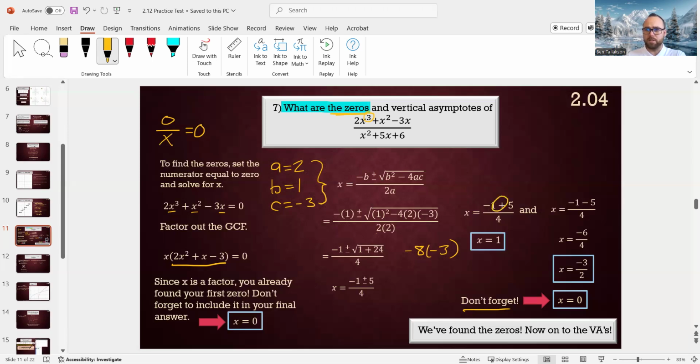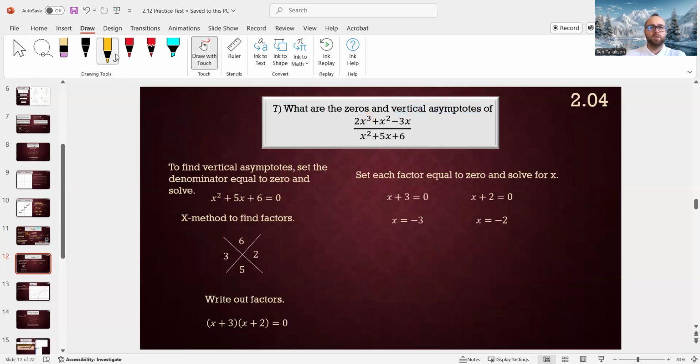So we have the positive case and the negative case. Here we add and divide to get 1. Here we subtract and divide to get -3/2. So we found the zeros. Great, but now we need to find the vertical asymptotes.